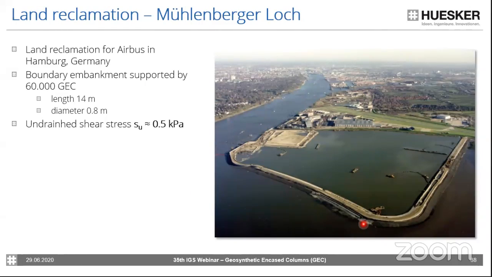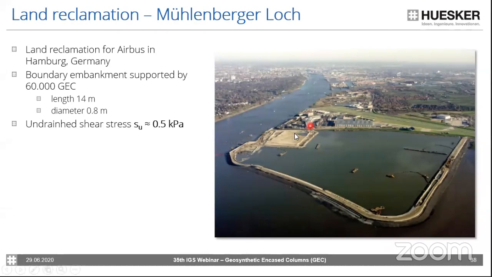The second case study I would like to show is one of our, I think, biggest projects ever done with geosynthetic encased columns. In total, over 60,000 GECs have been installed with a length of 40 meters and a diameter of 80 centimeters. This is the Airbus facility in Hamburg, where they used to build the A380.